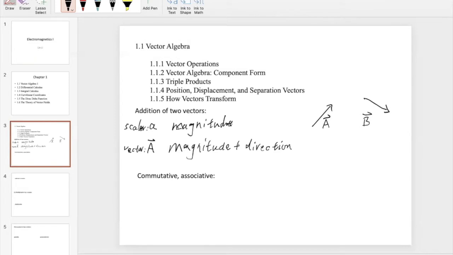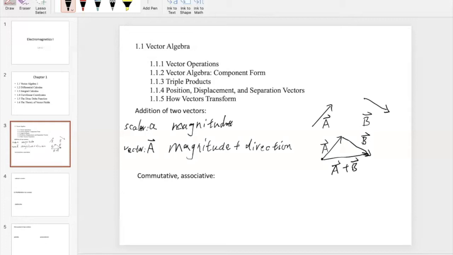If you want to do the addition of A and B, then we can draw vector A. This is A. And then at the tip of A, let's draw the tail of B and draw the vector B. So this is B. Now, if you create a new vector from the starting point of A to the ending point of B, you will have A plus B. So that's addition of two vectors.